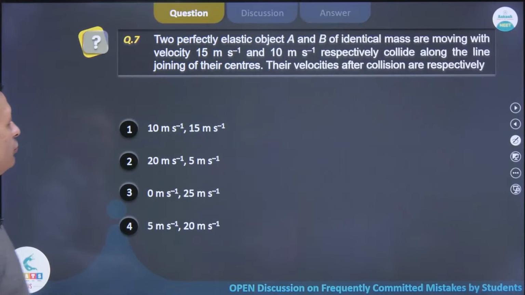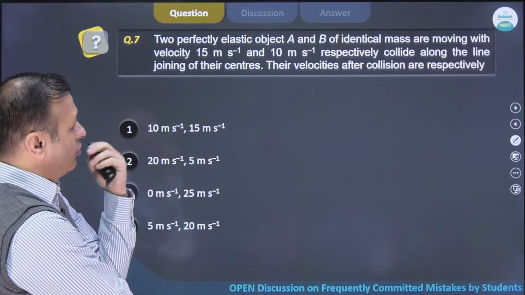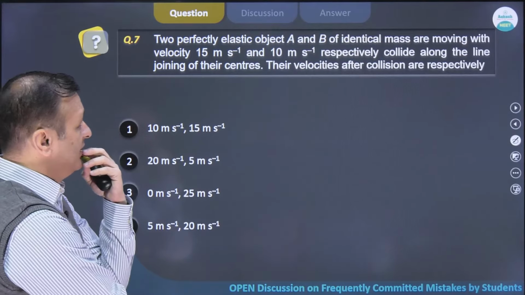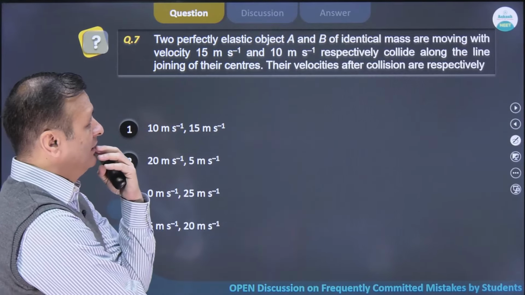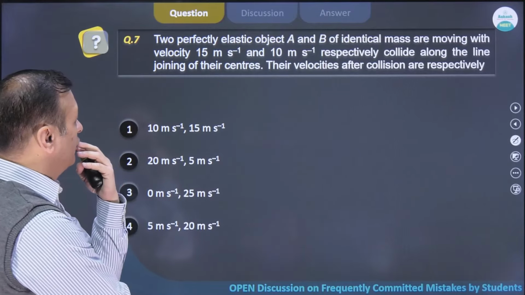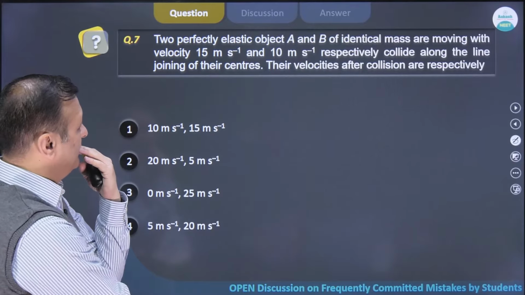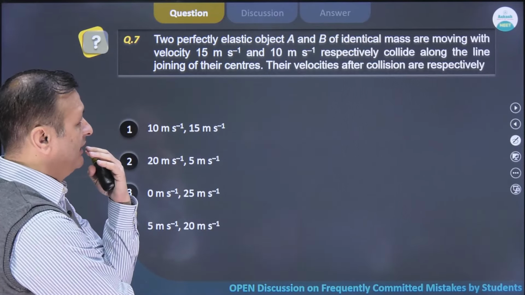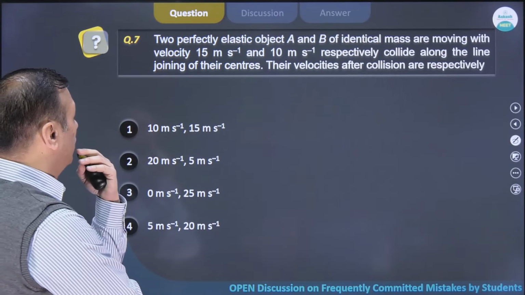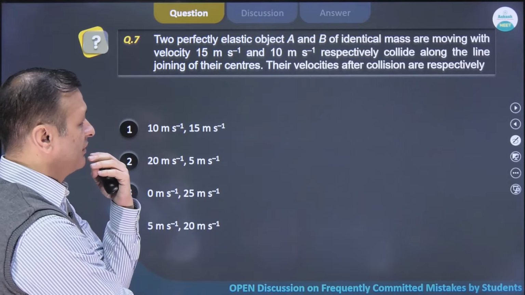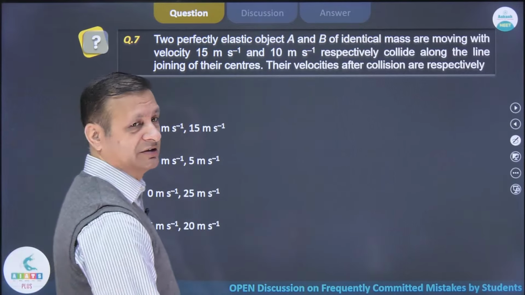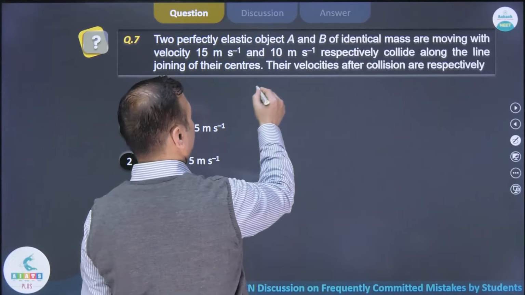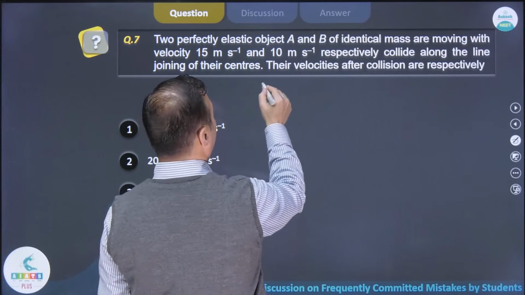Now, two perfectly elastic objects A and B of identical mass are moving with velocities 15 and 10 meter per second respectively, and collide along the line joining their centers. Their velocities after collision are respectively. So you have two masses.